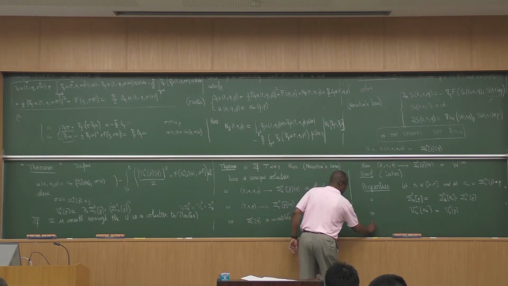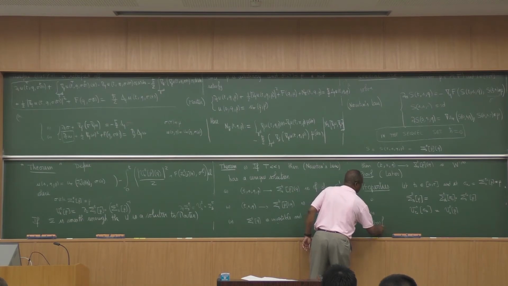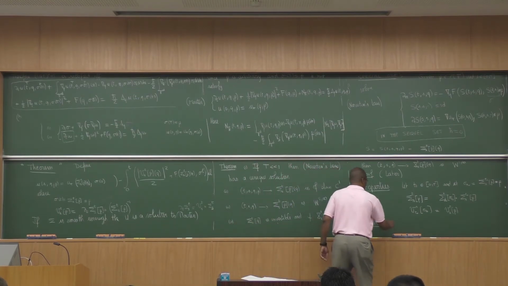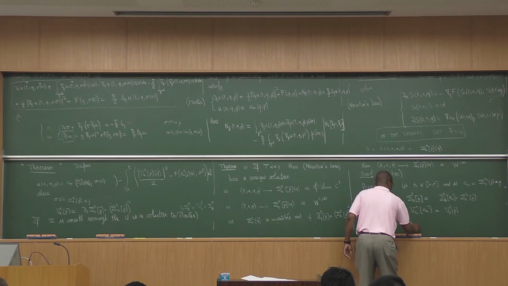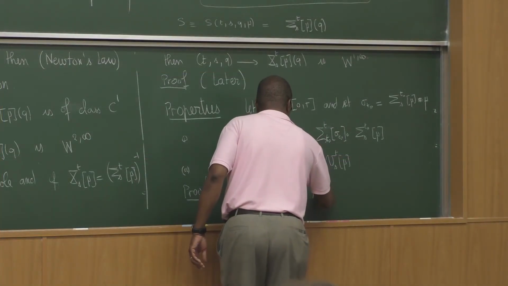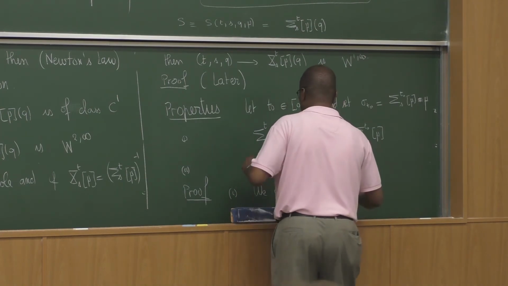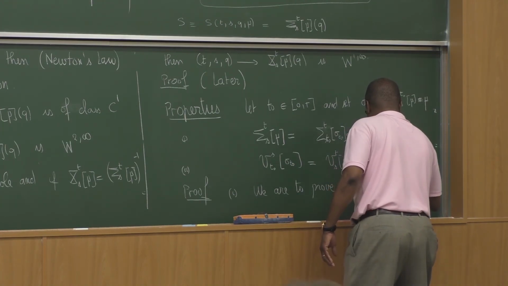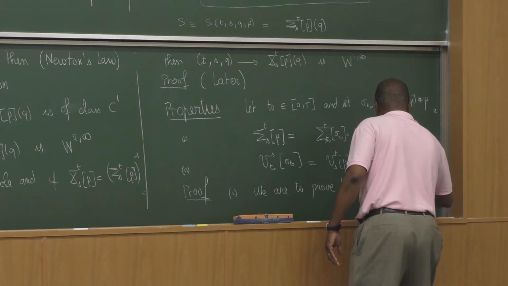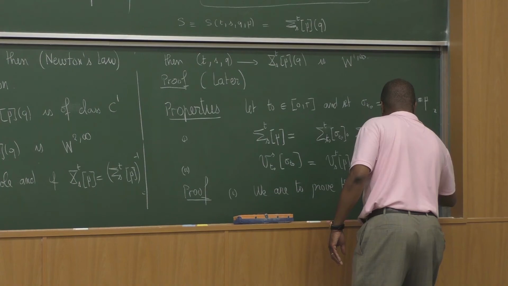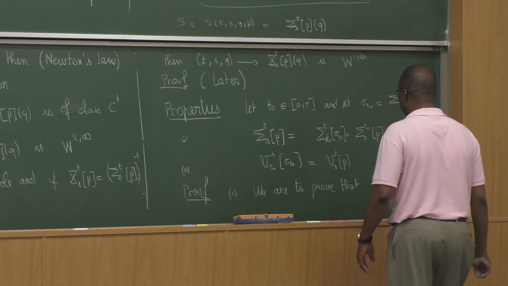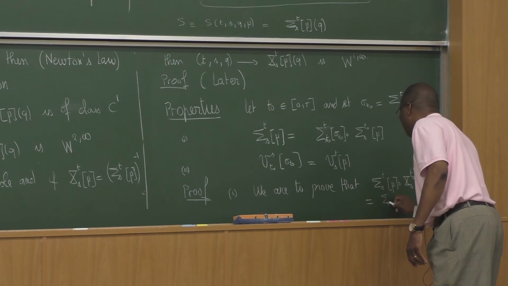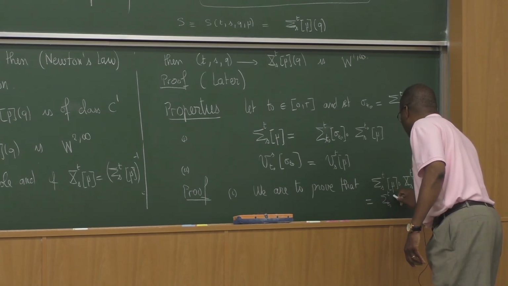So proof. We have to prove that sigma S T mu composed with S T naught mu is sigma T naught T of sigma T naught.